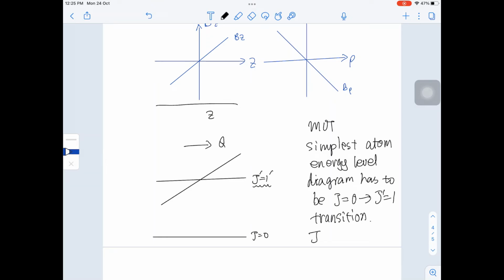And this is Mj prime equal to 0, J prime 1 prime, Mj prime equal to what?